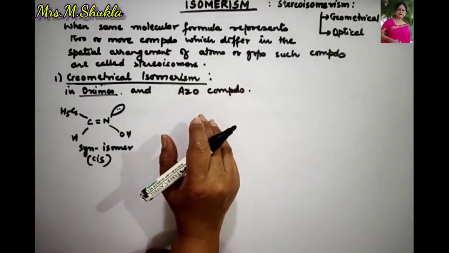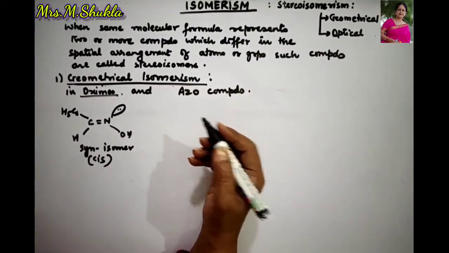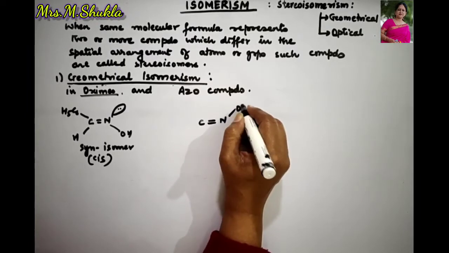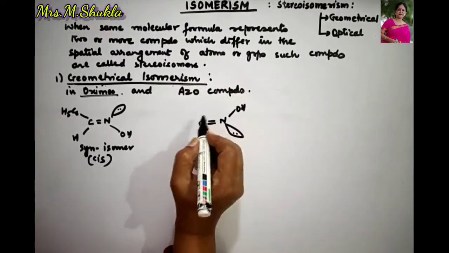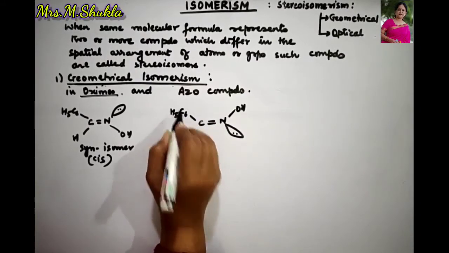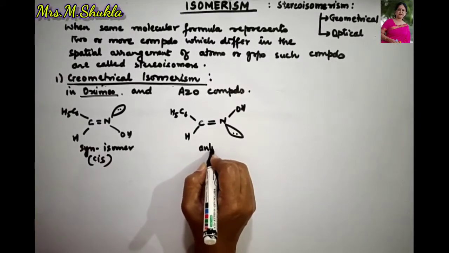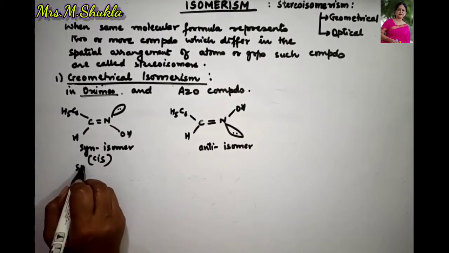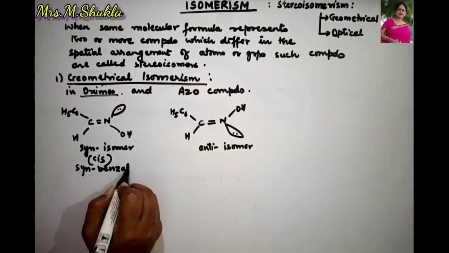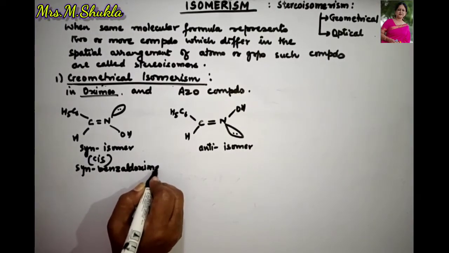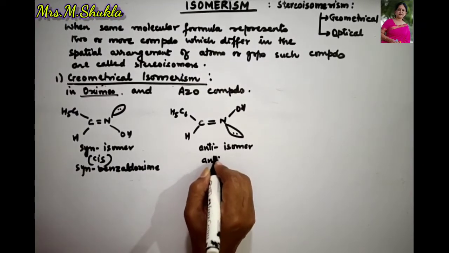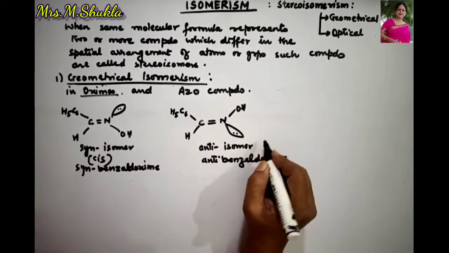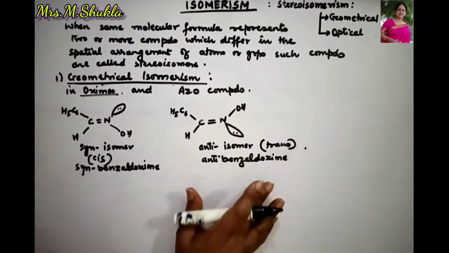But in anti-isomer, that is another analogy of your trans isomer, let me show it to you over here: here it will be OH, the lone pair will be here, this is C6H5, and here it will be H. So this is called as anti-isomer, and the names will be syn-benzaldoxime and anti-benzaldoxime, and this is an analogy for your trans isomer.